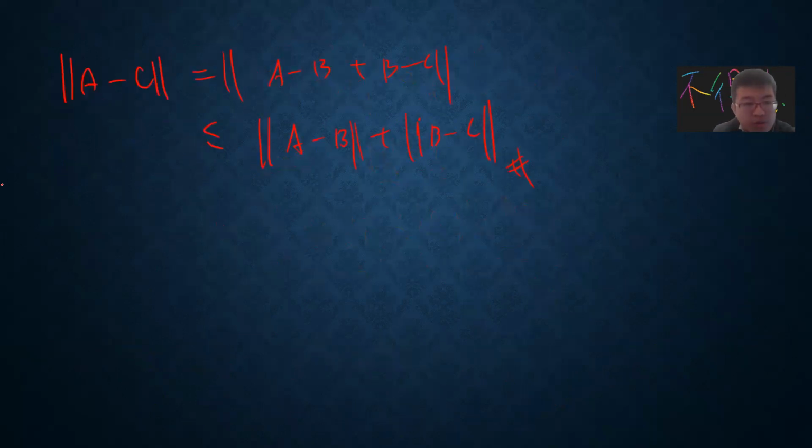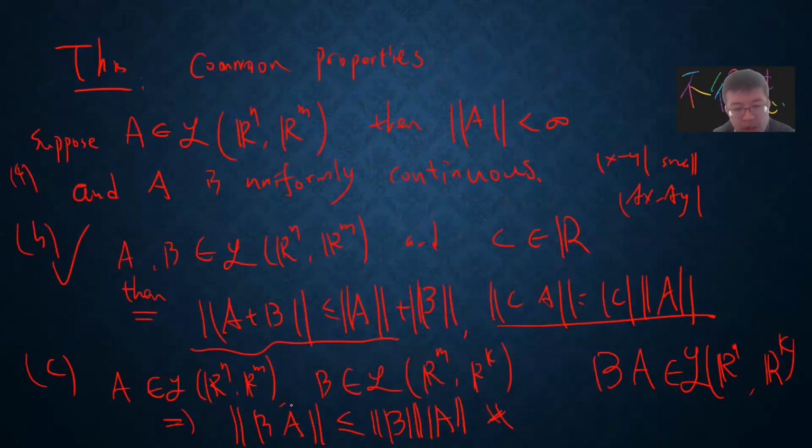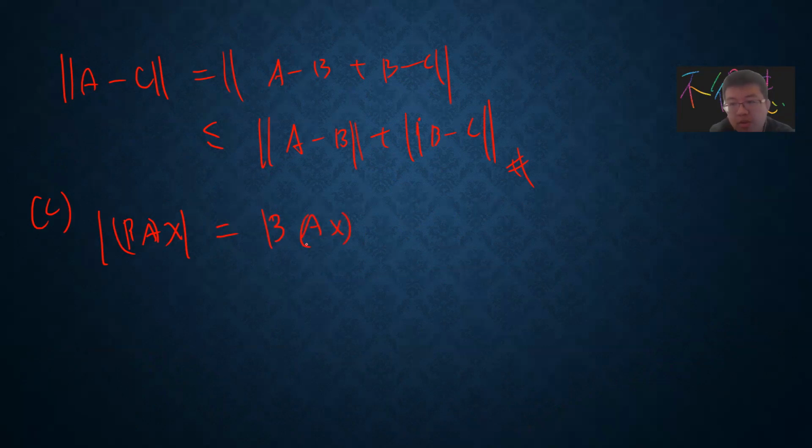Okay, let's go to the final fact. C is that the norm of BA is less or equal to the norm of B times the norm of A. This is also simple. The absolute value of BAx is just the length of B(Ax), and by definition this is less or equal to the norm of B times the length of Ax.